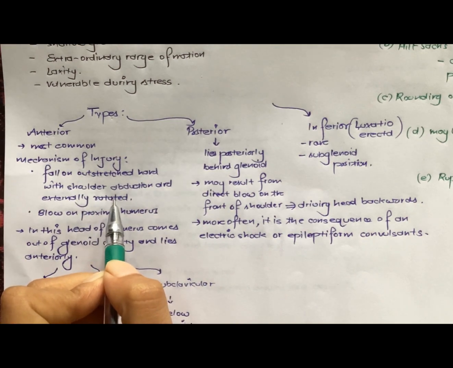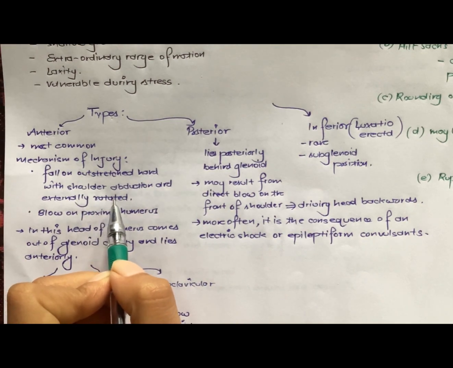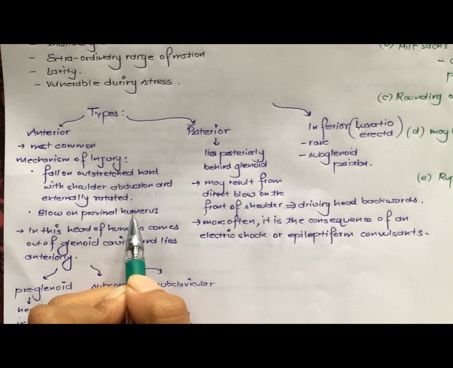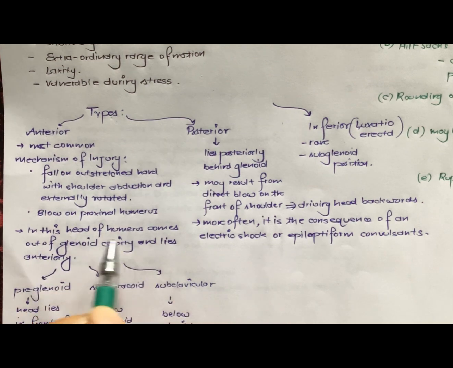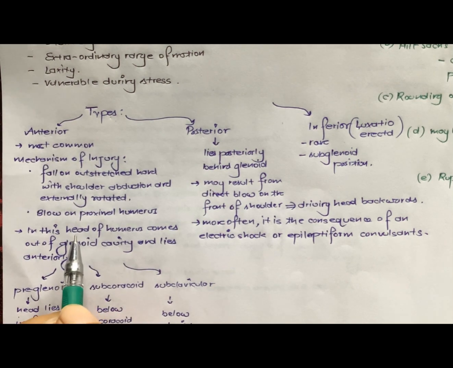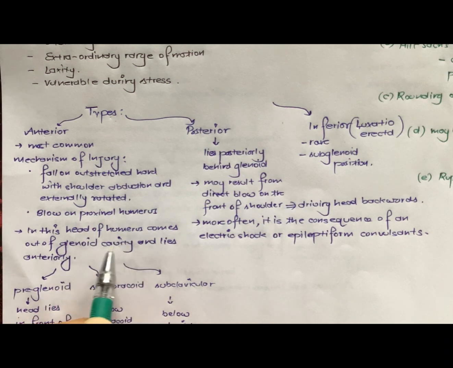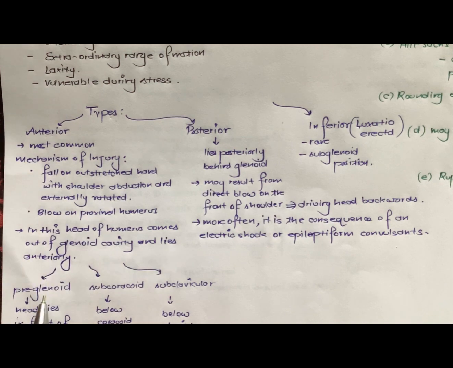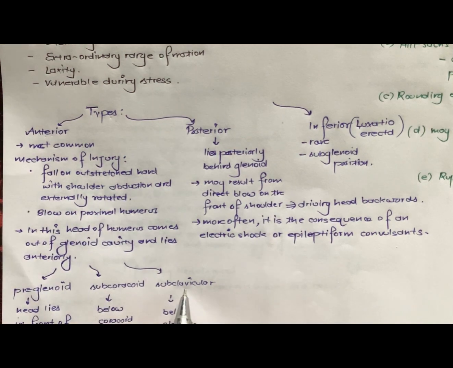Also, when there is a blow on the proximal humerus head, it can undergo anterior dislocation of shoulder. In this, the head of the humerus comes out of the glenoid cavity and lies anteriorly, and it is also subdivided into preglenoid, subcoracoid and subclavicular, that we have already discussed earlier.